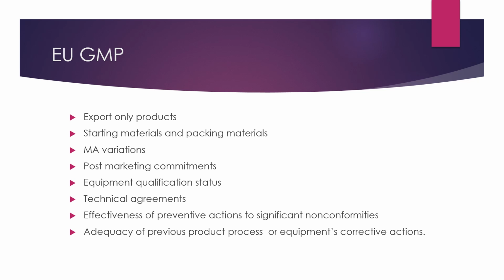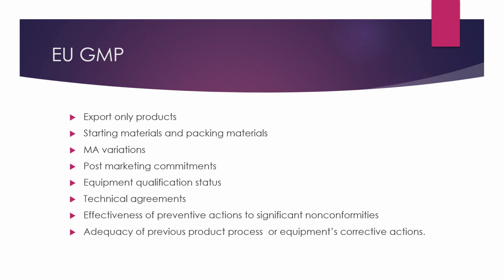Equipment qualification status, technical agreements, effectiveness of preventive actions to significant non-conformities, adequacy of previous product process or equipment's corrective actions. So all this have to be included. In the previous slides, we have seen that ICH and 21 CFR, there are some points that are relatable, but in EU GMP, there are so many other points that have to be included.